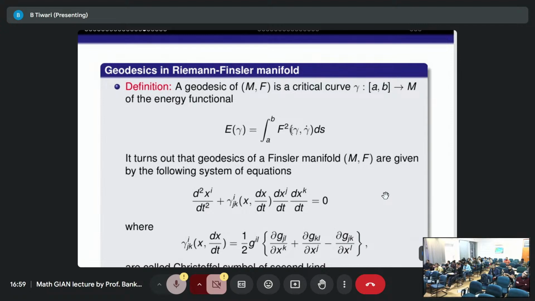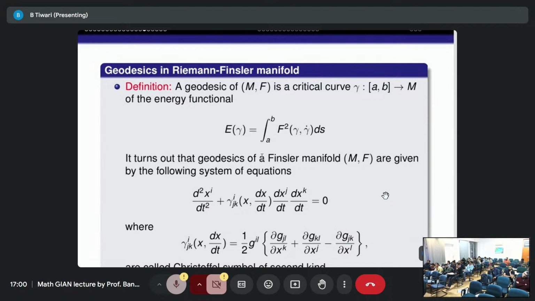You can also prove that criticality of this energy functional is equivalent to criticality of the length functional for a constant speed curve. So if a curve gamma is a critical curve for the energy functional, it is the same as being a critical curve for the length functional, and it should have constant speed.